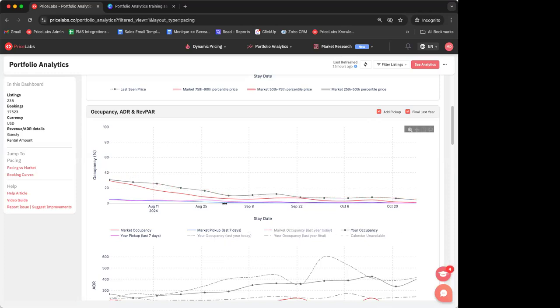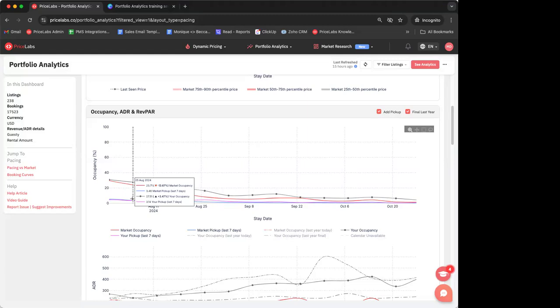Okay, so the pink and the blue lines indicate the pickup. Pink line is showing me my pickup, blue line is showing the market pickup. What pickup means is how much of the occupancy was gathered in the last 7 days. So by default, we look at the pickup over the last 7 days.